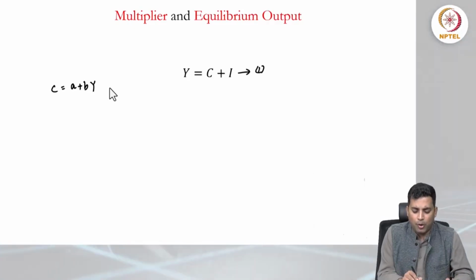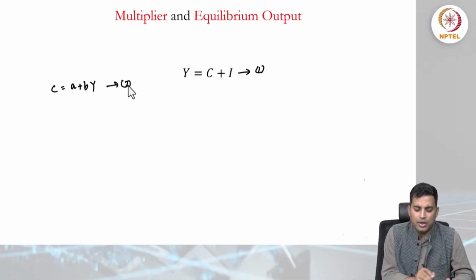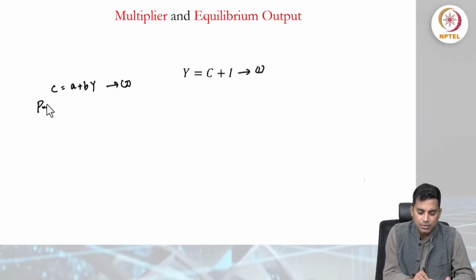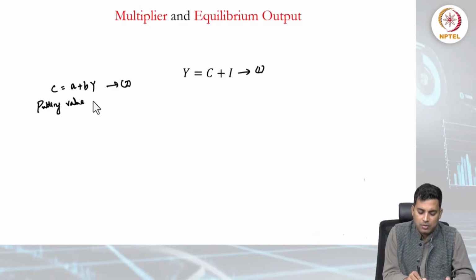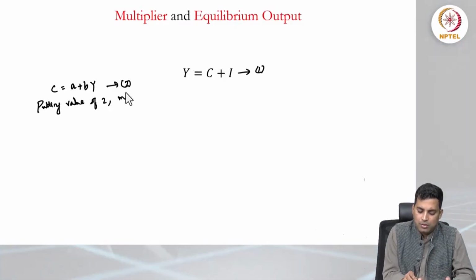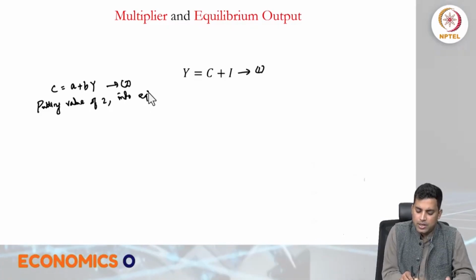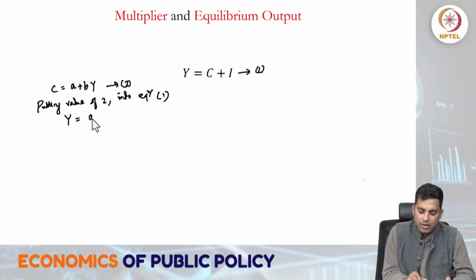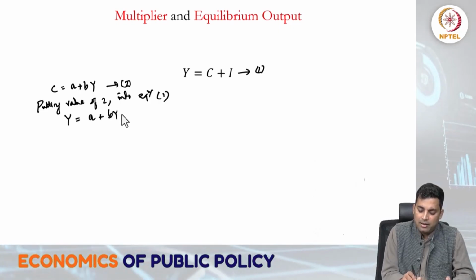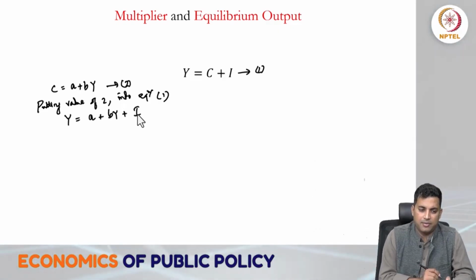Now, if we put the value of equation 2 into equation 1, then it will be Y equals A plus bY plus I, right?